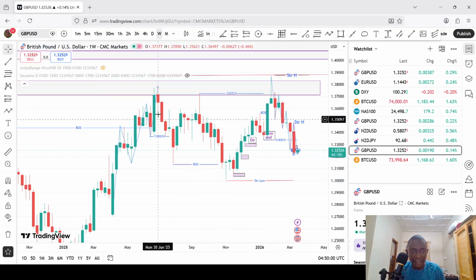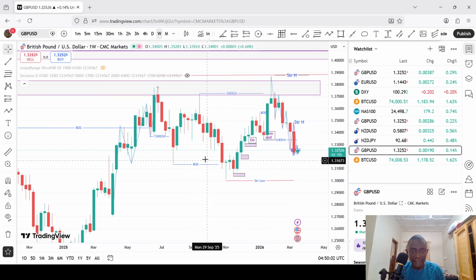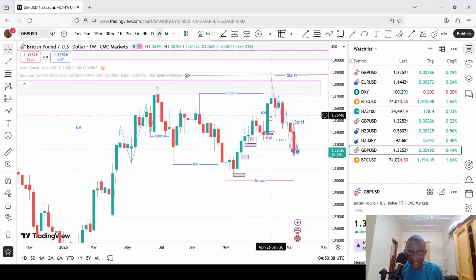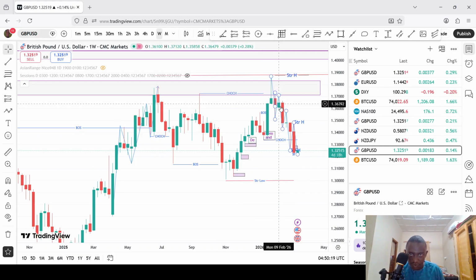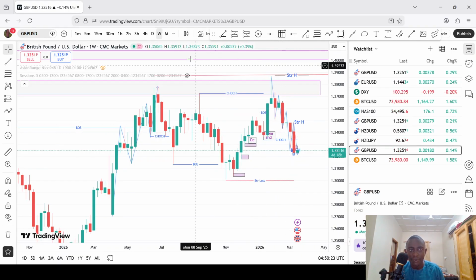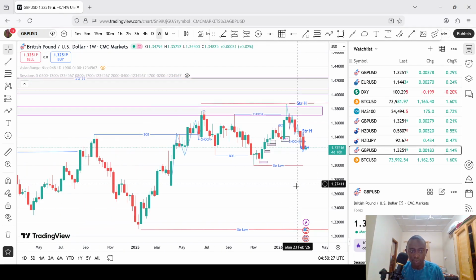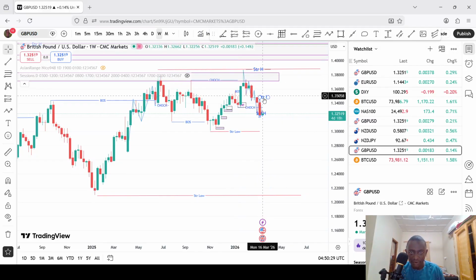And because we have this change of character, and right now we have this BOS, after this BOS we have this pullback. Price respected this part, and from here it has also broken. You see, when price was going, it was making this kind of movement, and it has broken this part, meaning from the weekly perspective, we are expecting price to push more down.